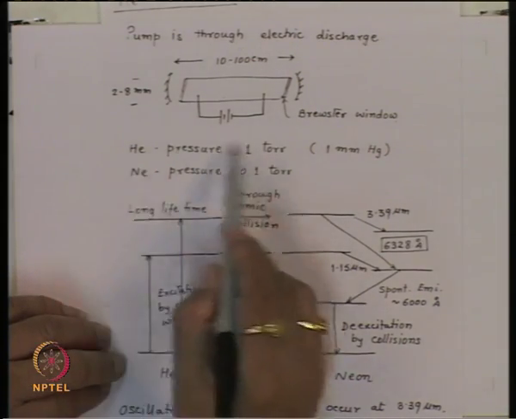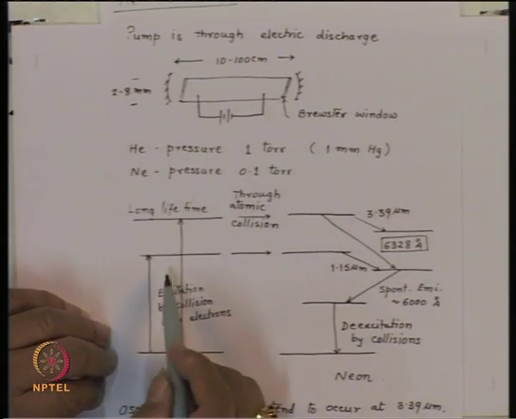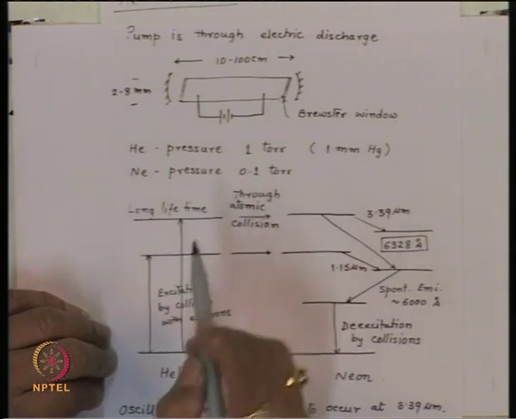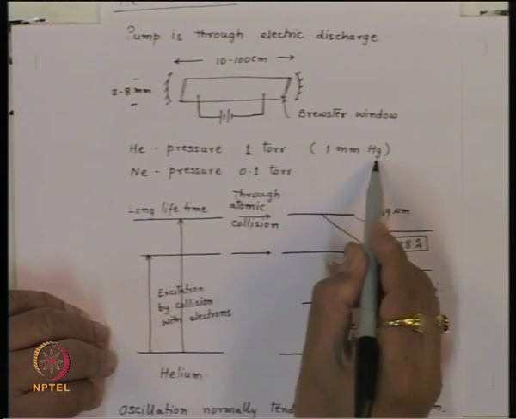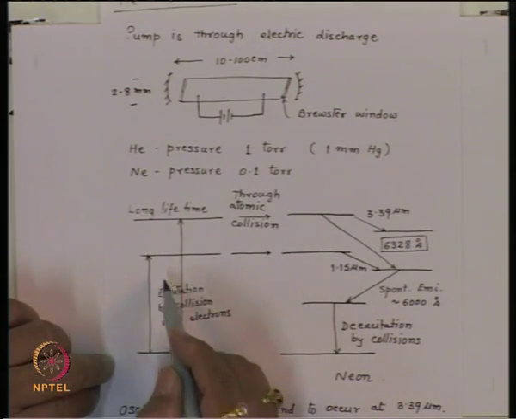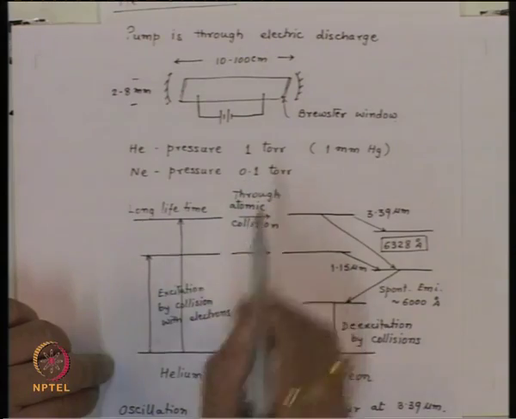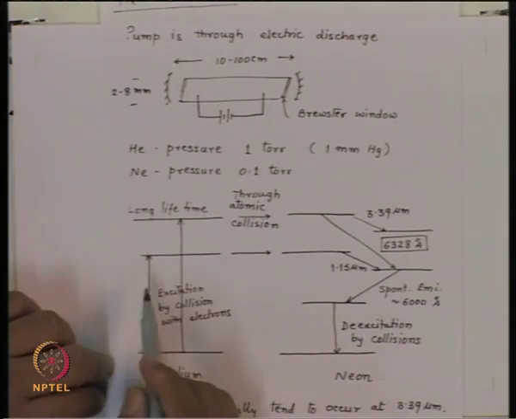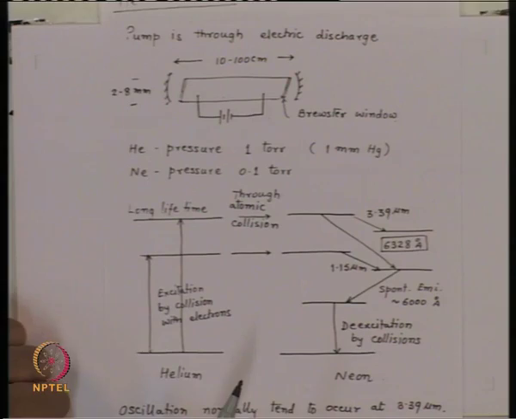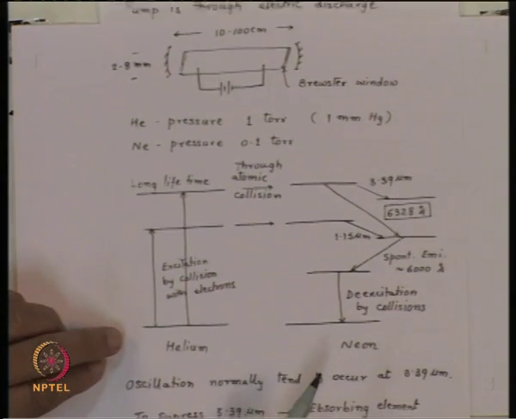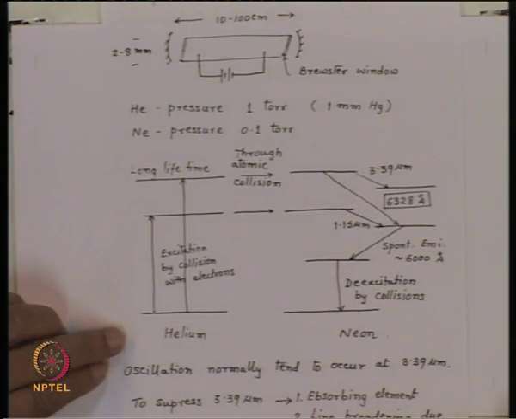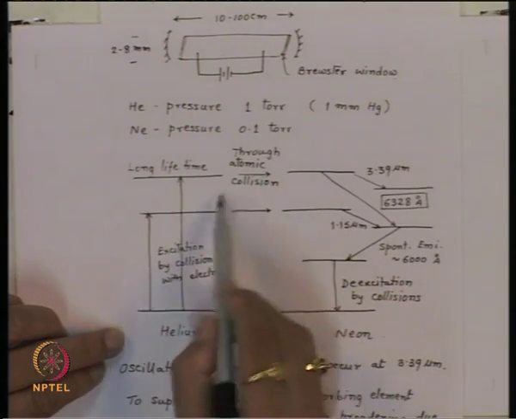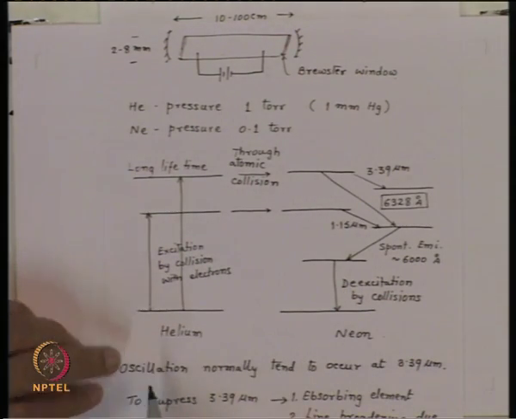So, we have a combination here. The helium pressure is 1 torr, which is 1 millimeter of mercury, and the neon pressure is 0.1 torr. So, we are having a very small amount of neon, and then we are having a combination here for the energy levels which match for the helium and neon.